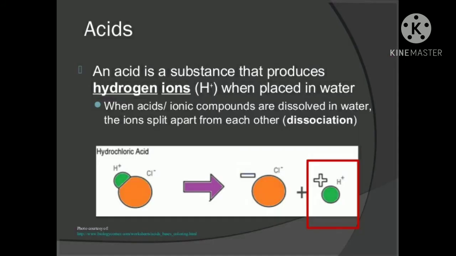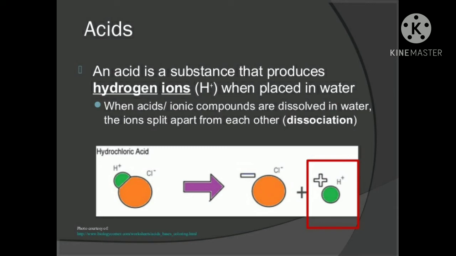An acid is a compound which, when dissolved in water, yields hydronium ions or hydrogen ions as the only positively charged ions. When acids or ionic compounds are dissolved in water, the ions split apart from each other.